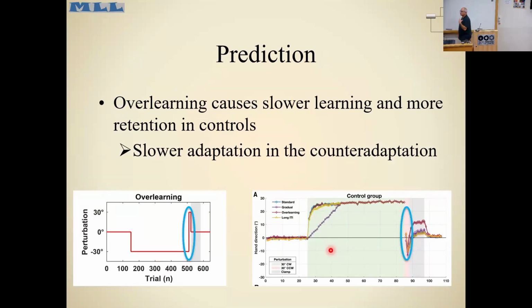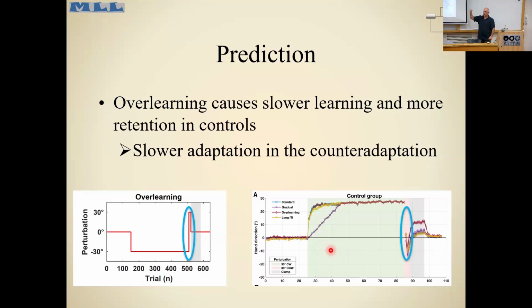And just to make sure that what we're seeing is really there in the data, because you don't trust models, we made a prediction about the data based on these findings. If you really are getting more slow learning in the controls and not getting it in the patients, then you should get that in the counter adaptation.